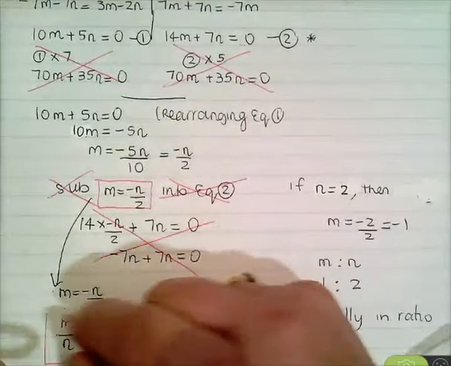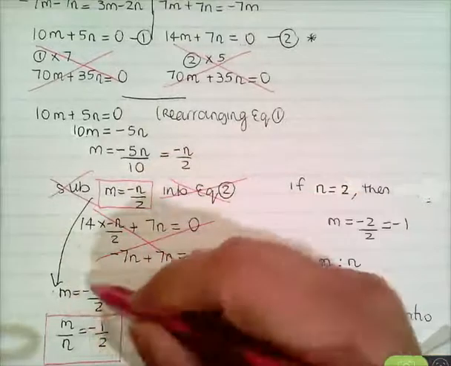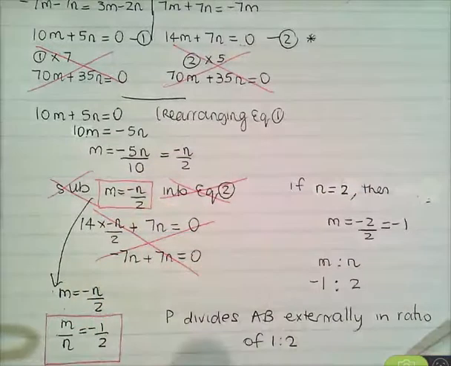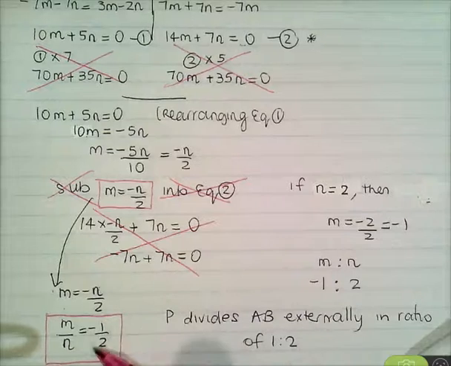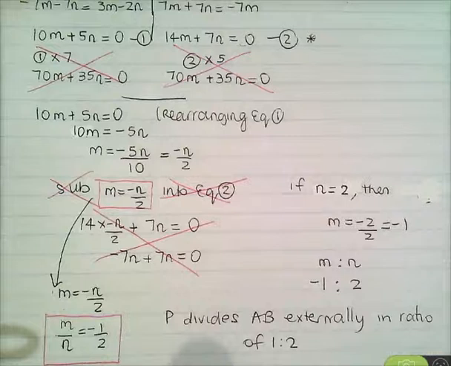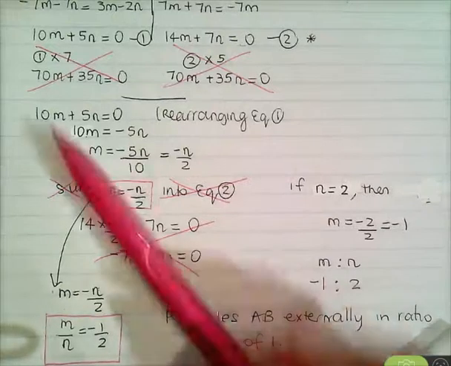So we can see here, we're just rearranging and putting m over n will give us -1/2. So therefore the ratio of m to n is -1/2 or 1/-2, or we can say that P divides AB externally in the ratio of 1:2. Now I'm going to leave that all there.